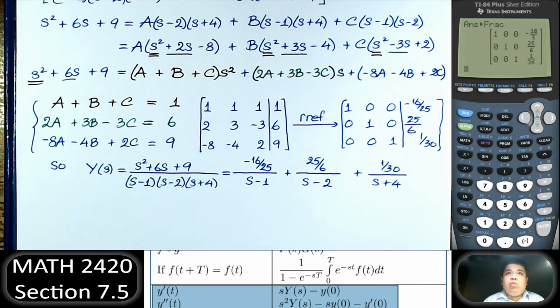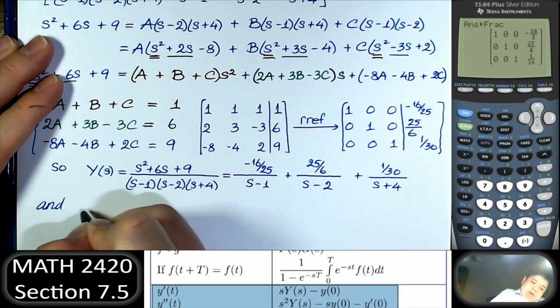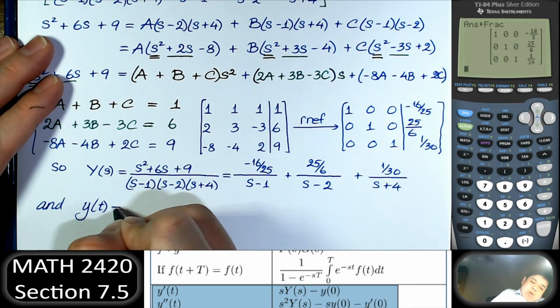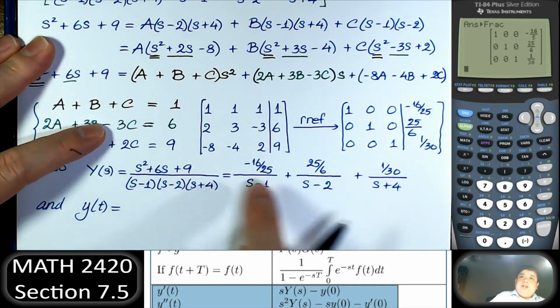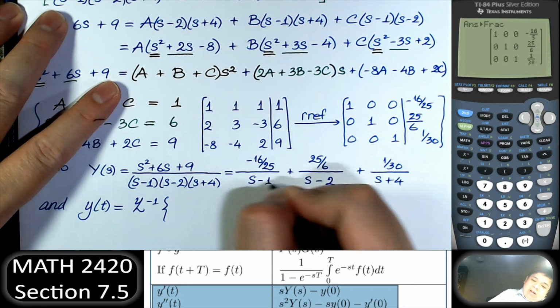Right, so that is Y of s, and then of course we can now apply the Laplace transform, and y of t will be the inverse Laplace transform of that.